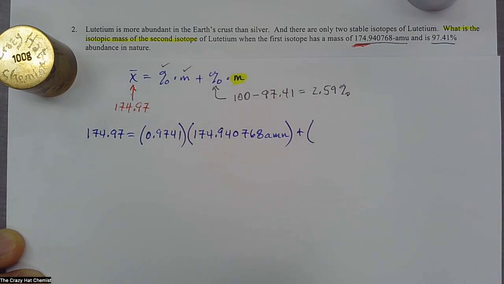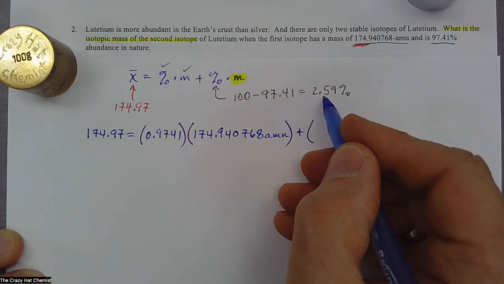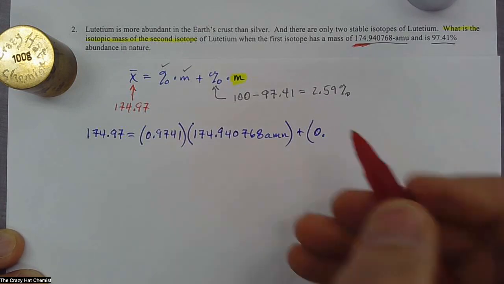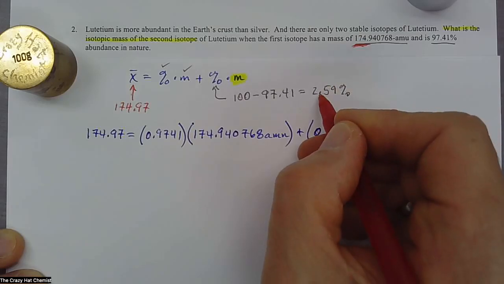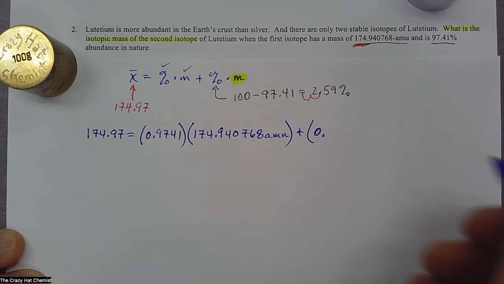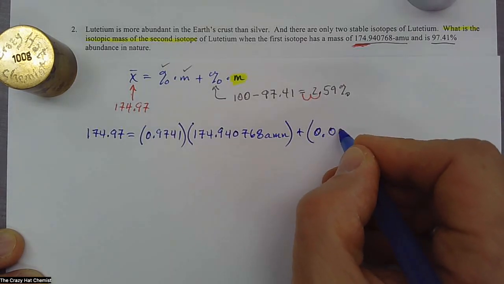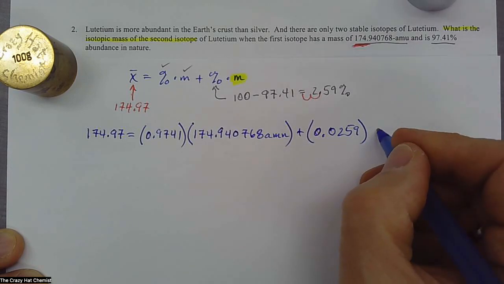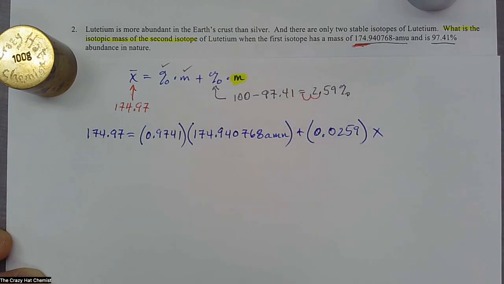And then we solved for the percentage already of the second isotope, but now we need to place it in decimal form. Now remember, when you're placing the percentage in decimal form, you're dividing by 100 or moving the decimal 2 places. So that means it's 0.0259. And then we are solving for x, which is the mass of the second isotope. All right. So this is what we should have now.